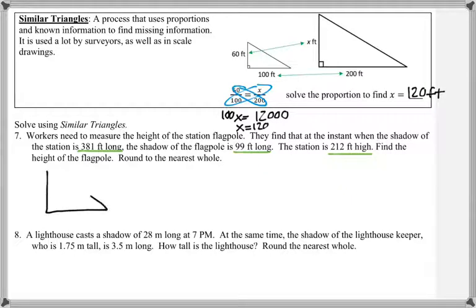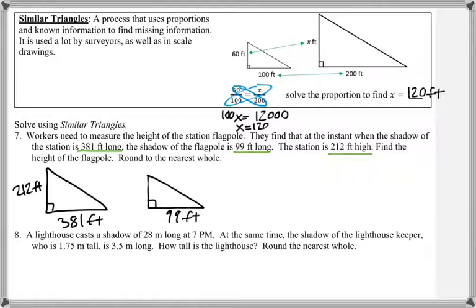The station is 212 feet, and its shadow is 381 feet. And then the flagpole, we know that the shadow is 99 feet, and we're trying to find the height.